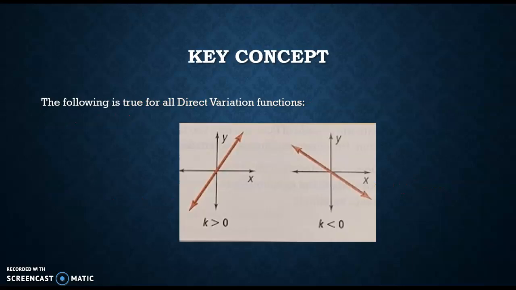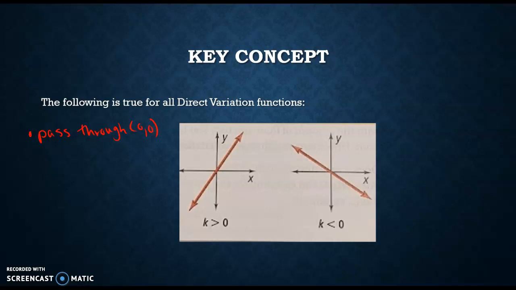All right, so our key concept, the following is true for all direct variation functions. They all pass through 0, 0.